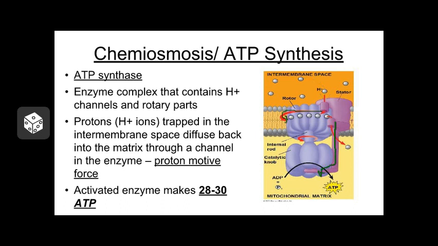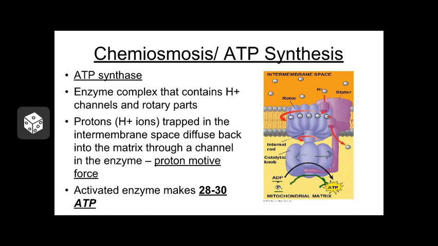So what this does is translate chemical energy into rotational or mechanical energy. That rotation on the top will make this part on the bottom, which is called a lollipop head, incidentally, rock back and forth. And these parts that are rocking back and forth are the parts that will actually take the ADP and the P and mash them together into an ATP.